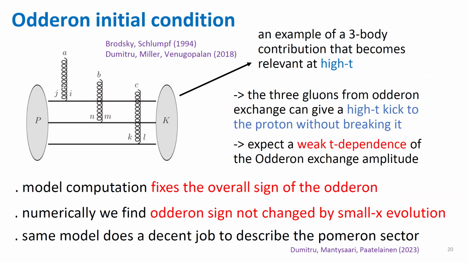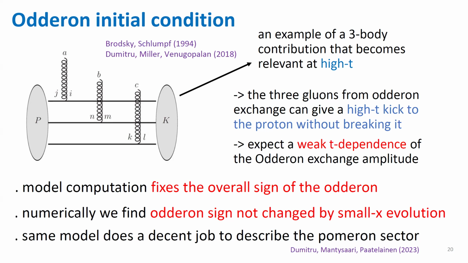Here, each gluon connects to a different quark, and you can intuitively understand that this type of diagram should be important at high t, because each of these gluons can give a high t kick to each of the quarks without actually breaking the proton, because the quarks can move. There's a phase space where the quarks would move in a similar direction, and you can keep the proton in the final state. So for this intuitive reason, you expect a weak t dependence in the Odderon exchange amplitude.